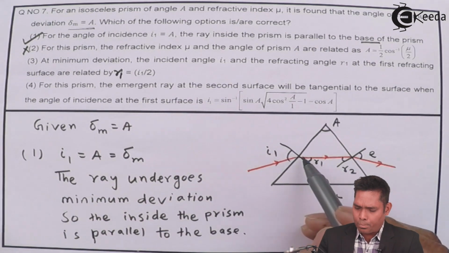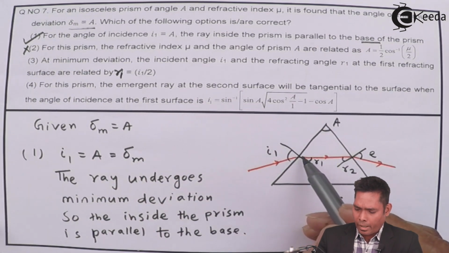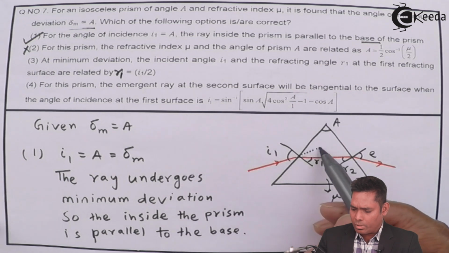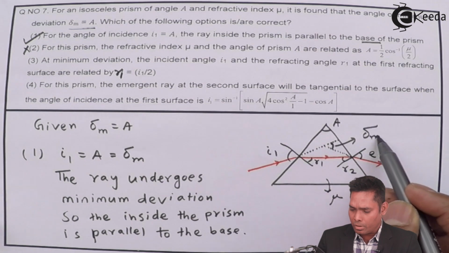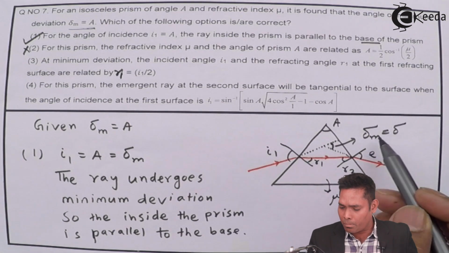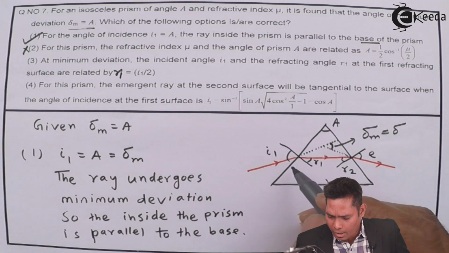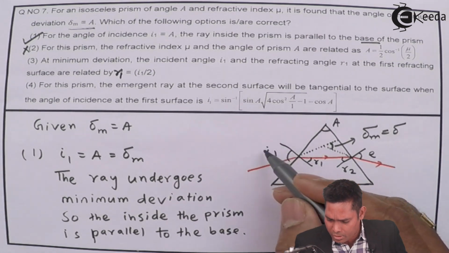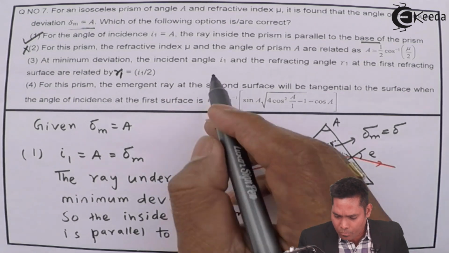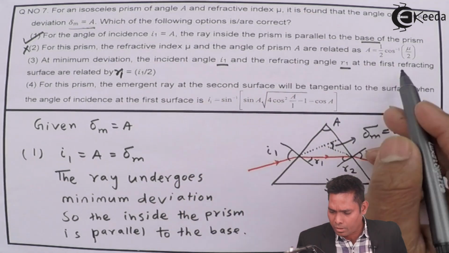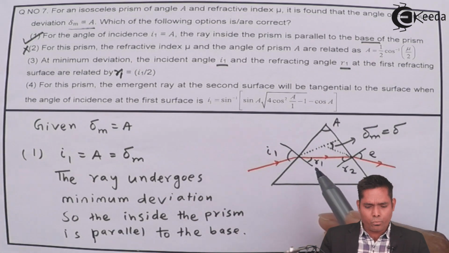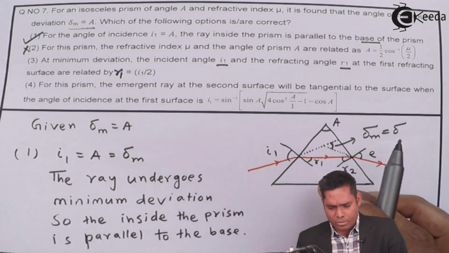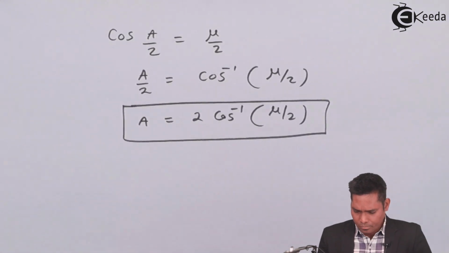The question is that at minimum angle of deviation, at this first refracting surface, this is I1 and this is R1. They are related like that. So first we have to check whether they are related like that or not.